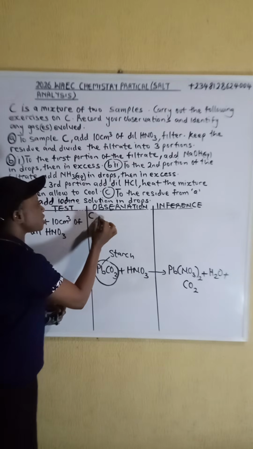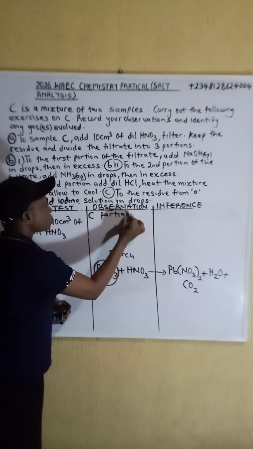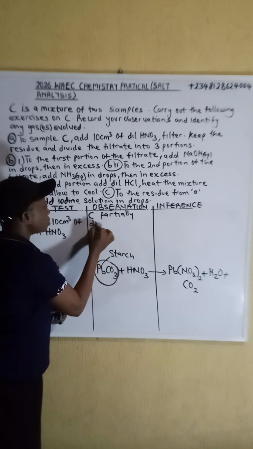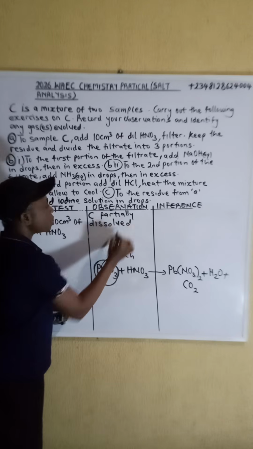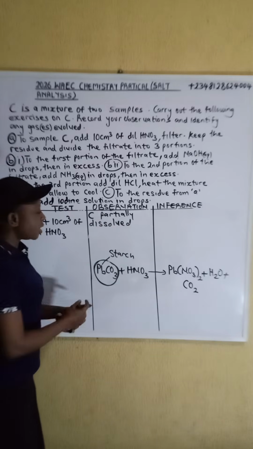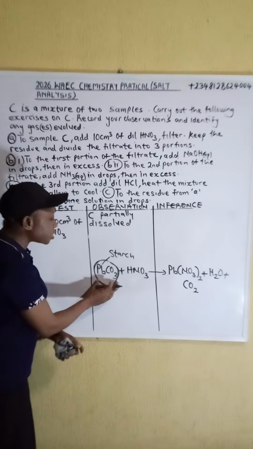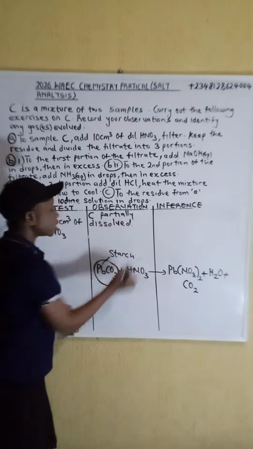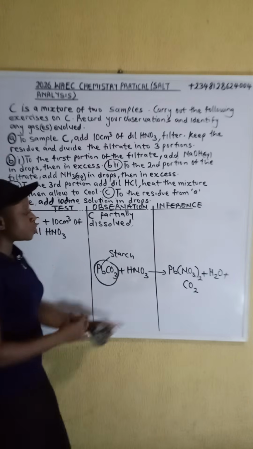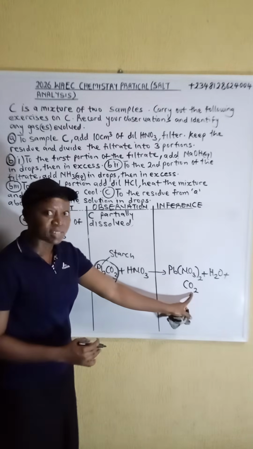So we are going to say C partially dissolved. C partially dissolved. That is, the starch remains insoluble, but lead carbonate dissolves. Then what is going to happen? There will be effervescence of colorless and odorless gas.